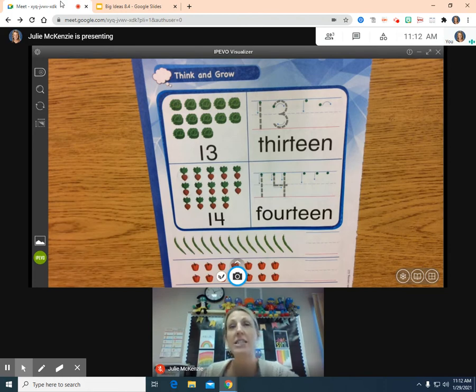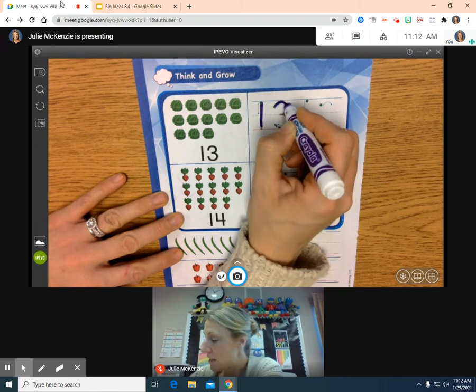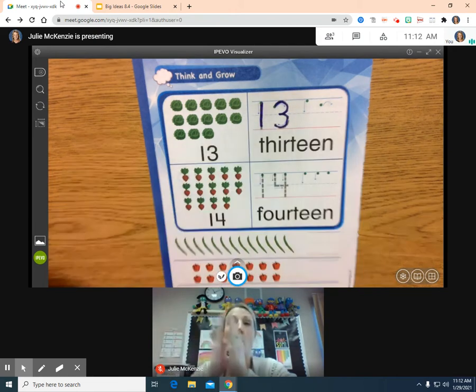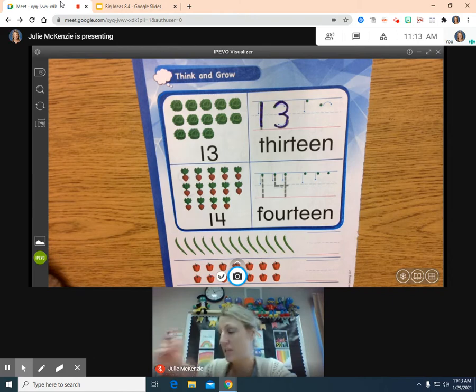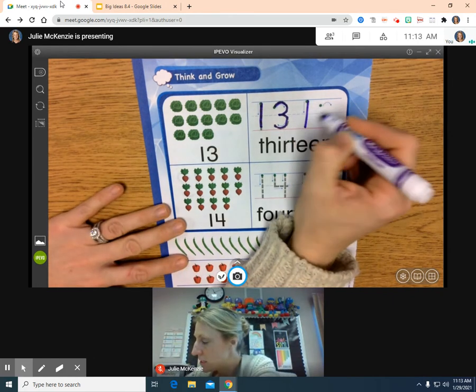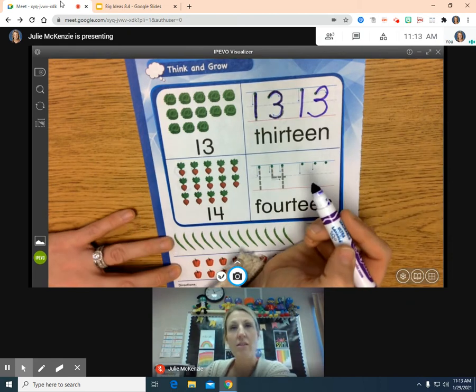There are 13 pieces of lettuce. Now a 13 looks like a 1 and a 3, and they need to be close together, kind of like when we are writing letters to make a word, we keep them close together. 13 looks like a 1 and a 3.